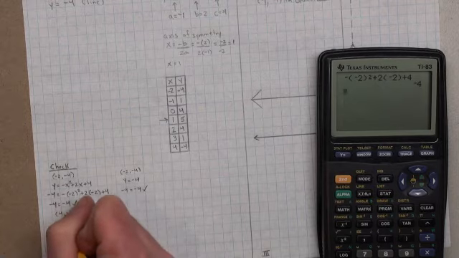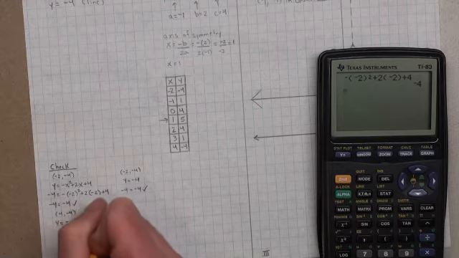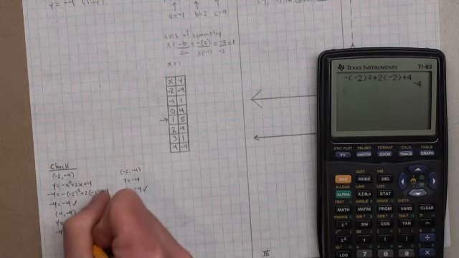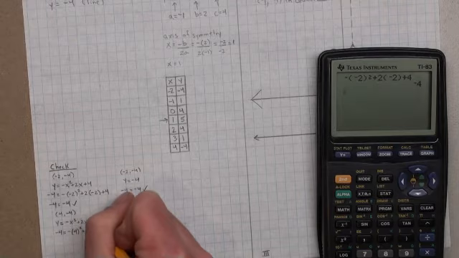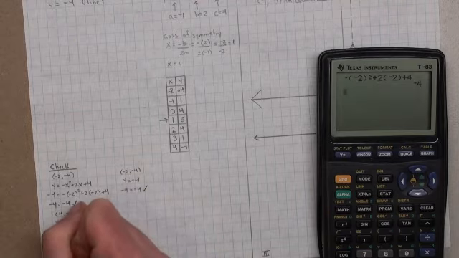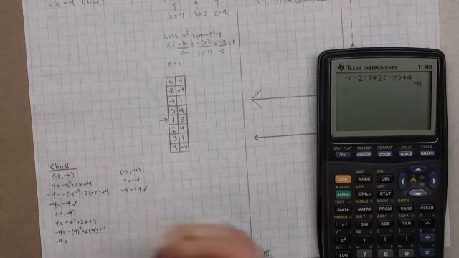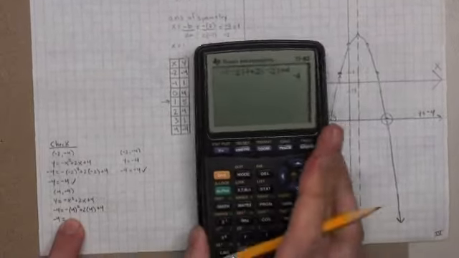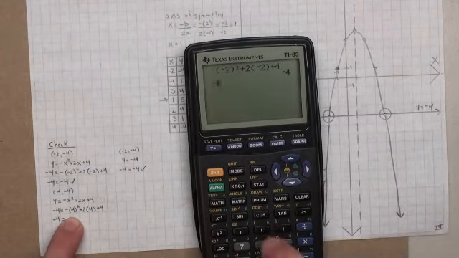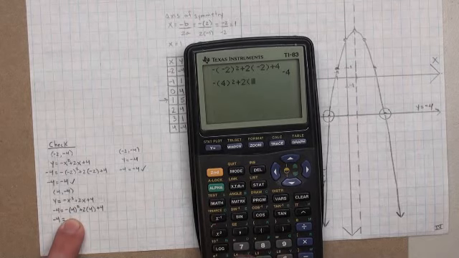Y is -4, so -4 equals negative, inside parentheses, 4 squared plus 2, inside parentheses, 4 plus 4. So we want to know if -4 equals this right side here. Well, let's check. -4 squared plus 2 times 4 plus 4.